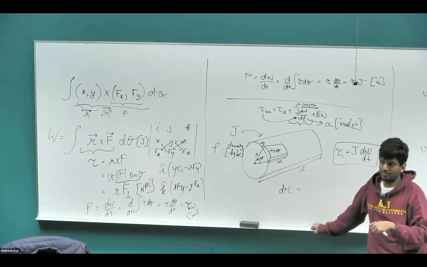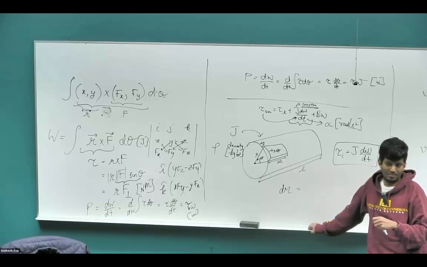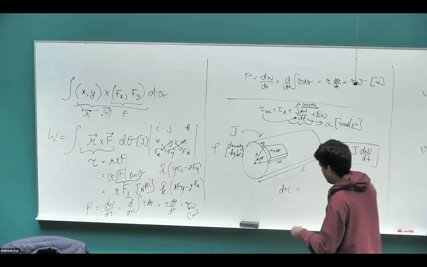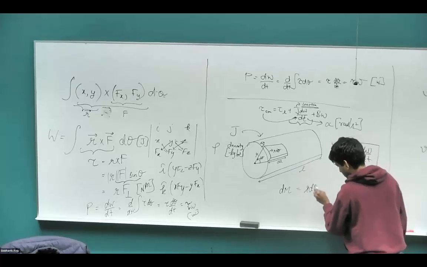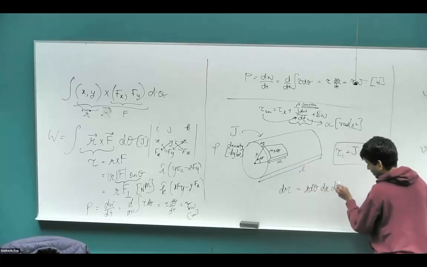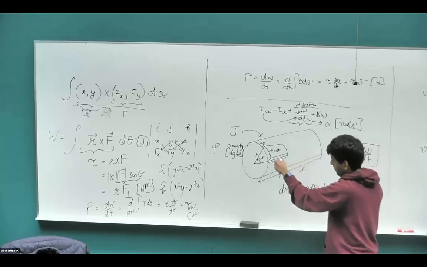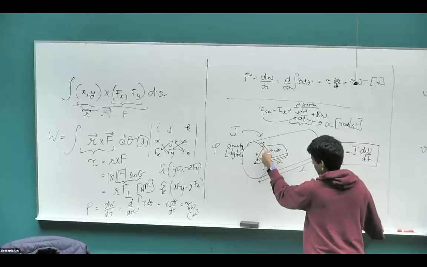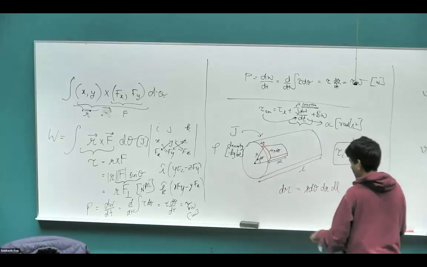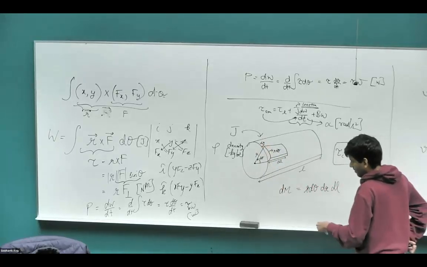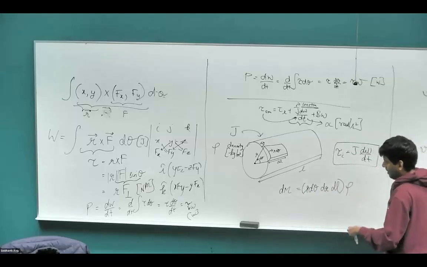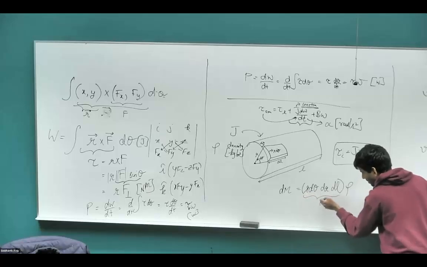Very simple question. R d theta times dr times dl. So just a small incremental volume in cylindrical coordinates. The expression is just going to be this length times the vertical length. So this is the incremental volume, and to get the mass, just multiply the incremental volume by our density rho.